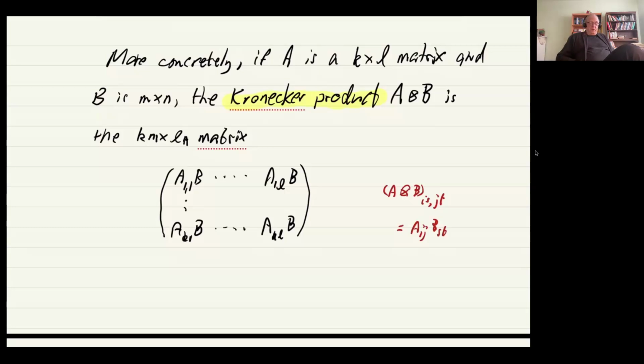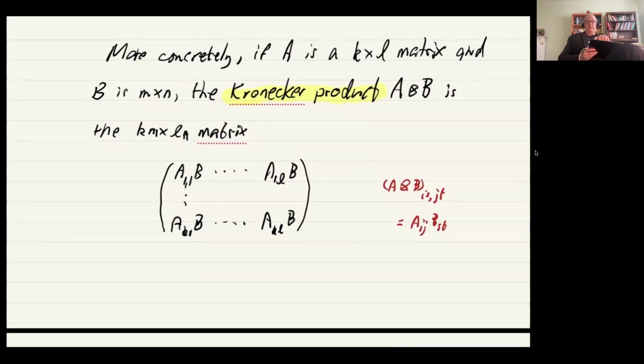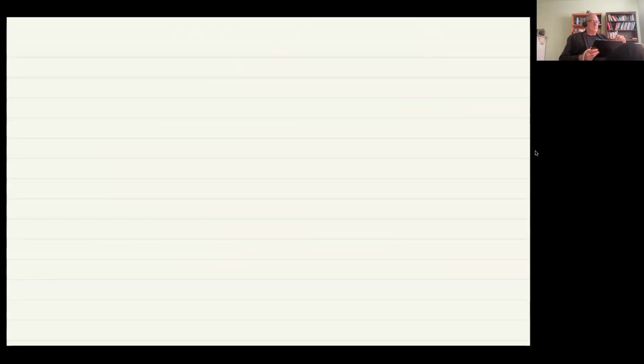Now, this works for vectors. We're going to replace the first entry of this by 1 times 3, 4, so you get 3, 4, and the second entry by 6 and 8.